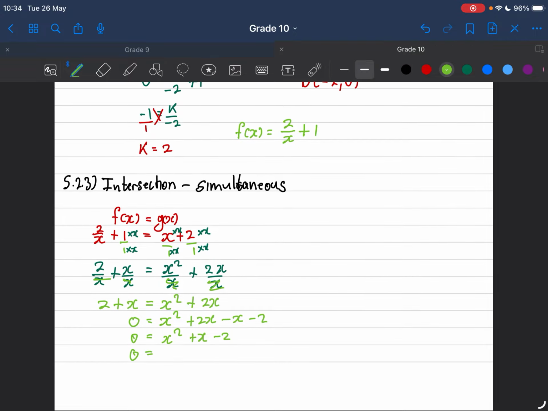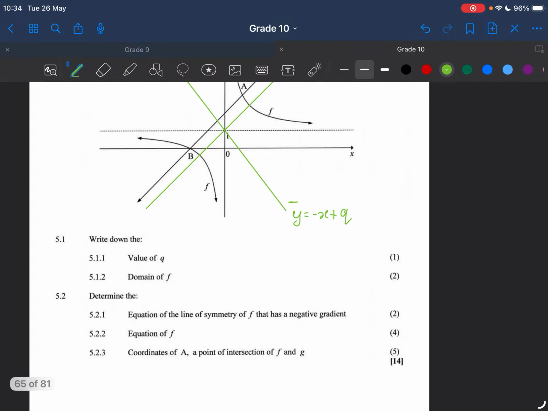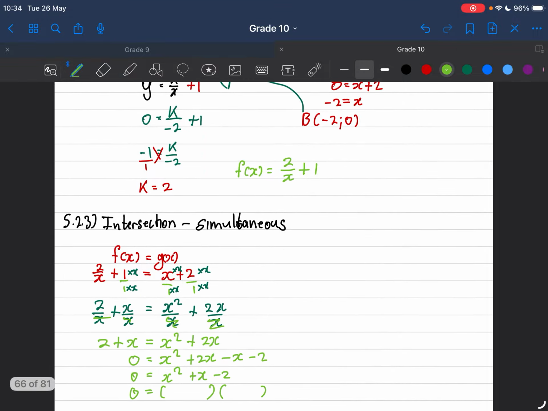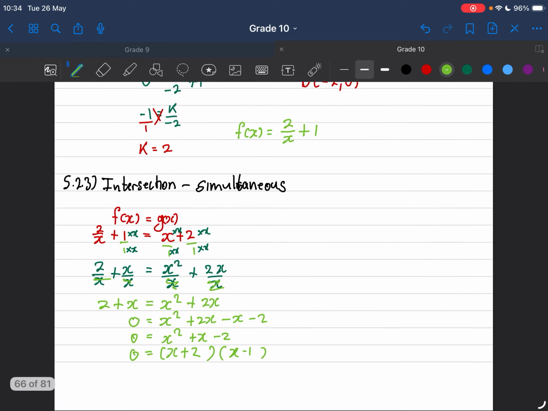I can factorize this trinomial as x plus 2 times x minus 1. Then I can say x plus 2 is equal to 0, x minus 1 is equal to 0, and x is equal to negative 2, or x is equal to 1.